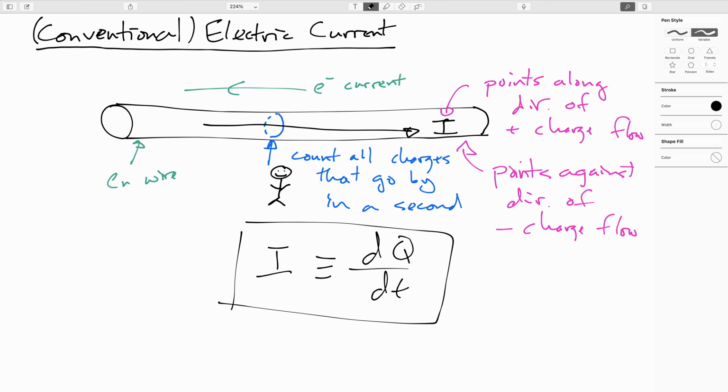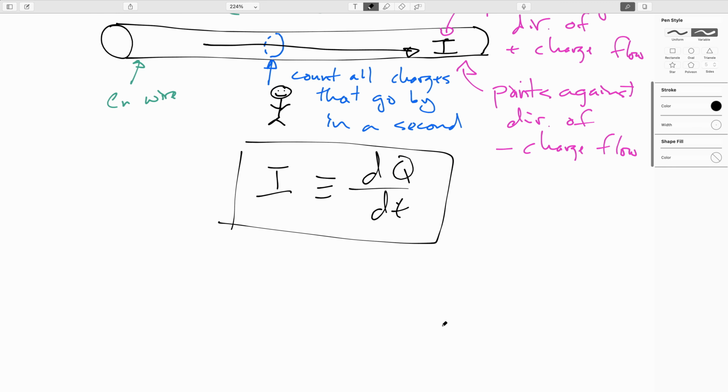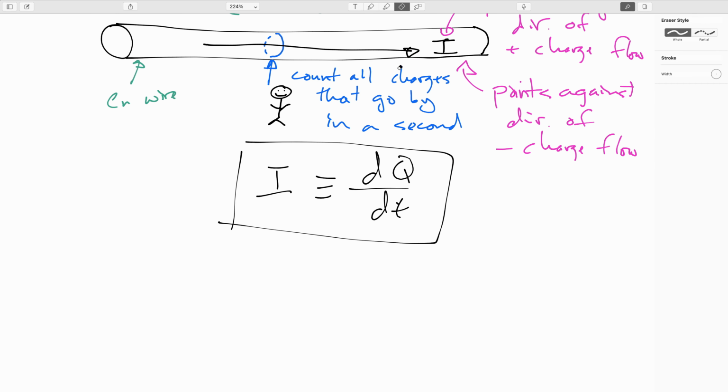So anyway, the units of current here are going to be coulombs per second. And one of the recurring themes that you're going to see as we work through this material is that in electricity and magnetism, virtually every time we multiply or divide some unit by something else, it picks up a new derived name.